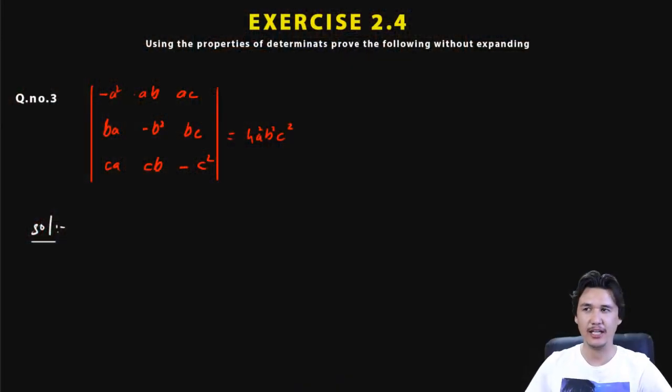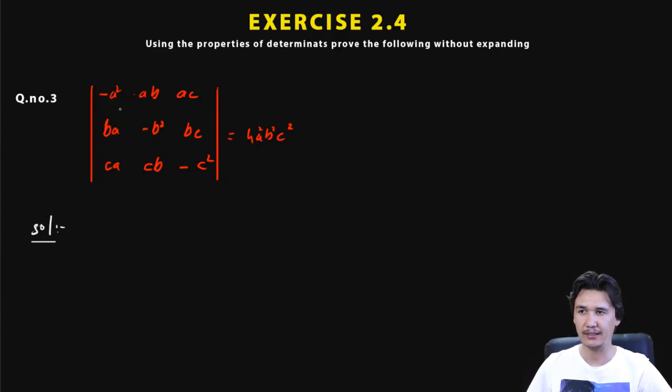For this one we have the question: the determinant with rows minus a square, ab, ac; ba, minus b square, bc; ca, cb, minus c square, which is equal to 4a square b square c square. Now we are going to solve that.